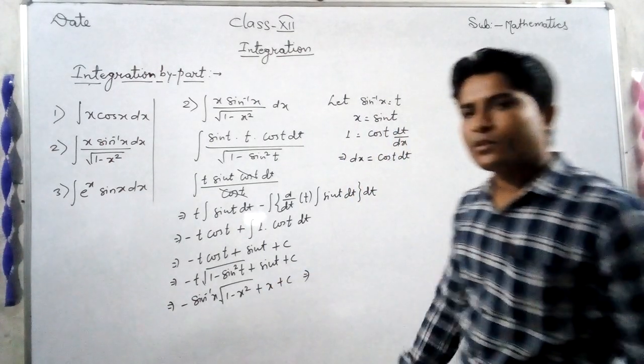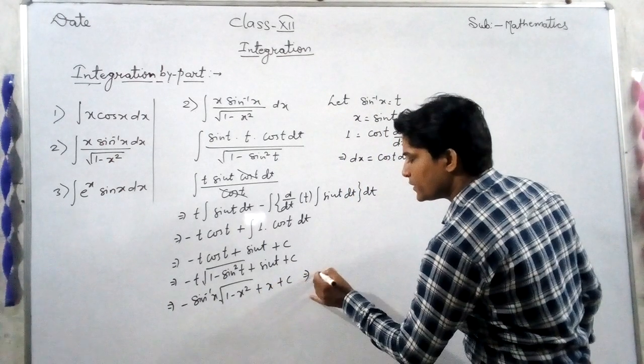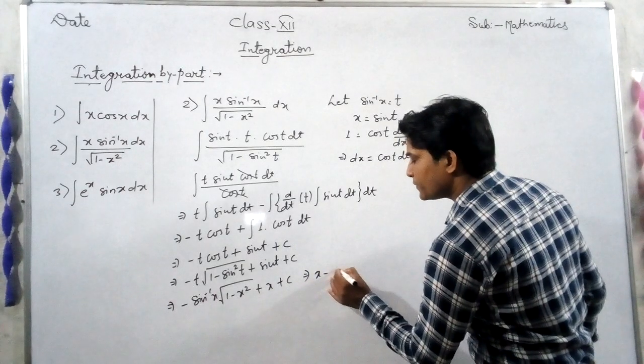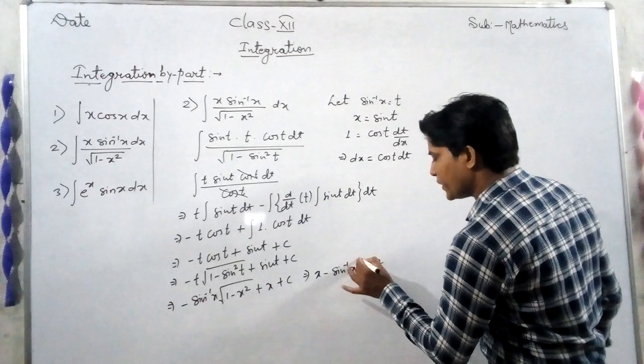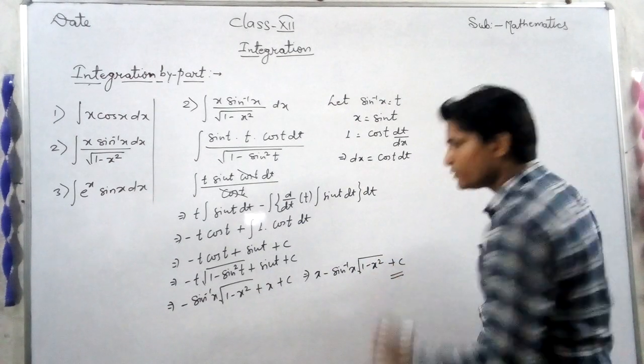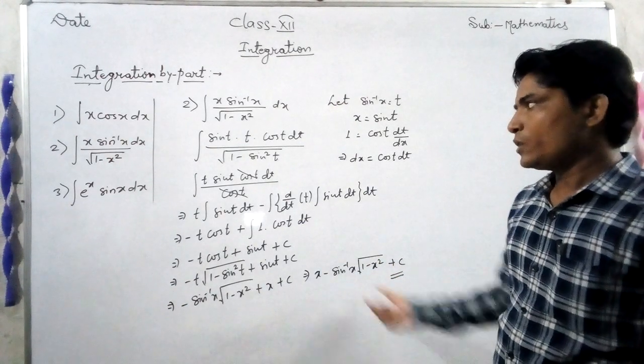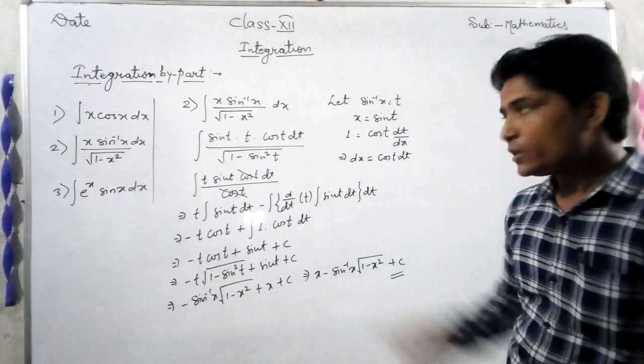So, student, the final answer is x minus sin inverse x root of 1 minus x square plus c. This one is the final answer. I hope you understood all the steps clearly.